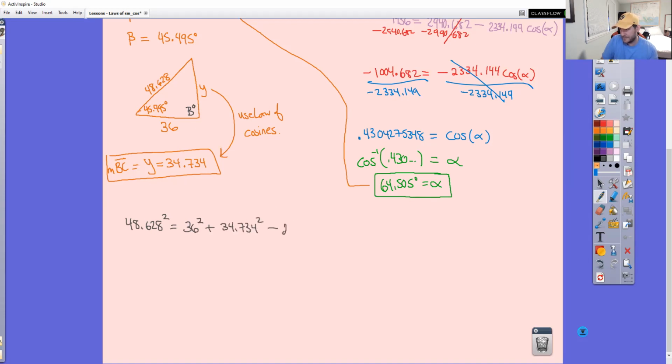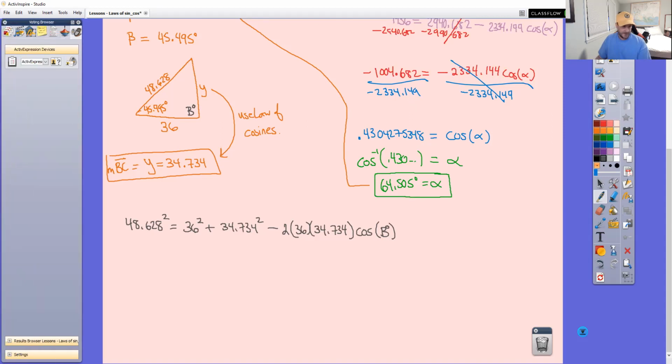Would subtract from it 2 times 36 times 34.734, and then multiply by the cosine of B. So you'd be hitting the buttons to solve. I'm going to solve it off camera and just give you the answer.